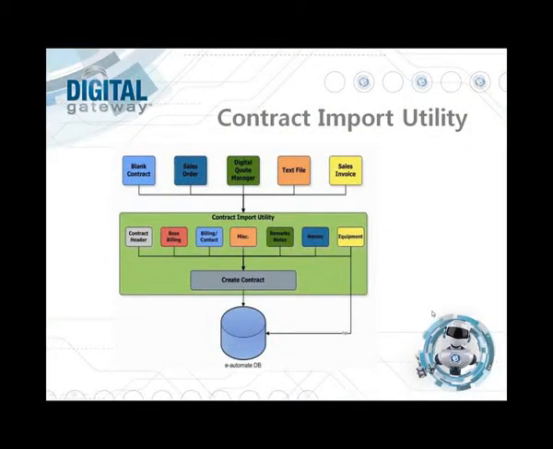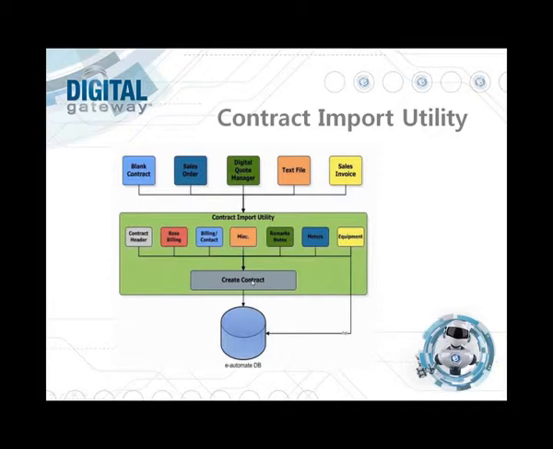Okay, so now I'm going to quickly go over some of the features that are in eAutomate. The contract import utility is a new feature released in 765, and it's a way to push the contract from the contract import utility into eAutomate. You can create the contract, start it from these top 5 options, and then it pushes into the contract import utility, and these are just tabs that you can step through to create your contract.